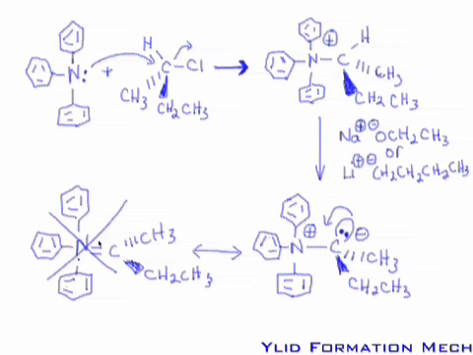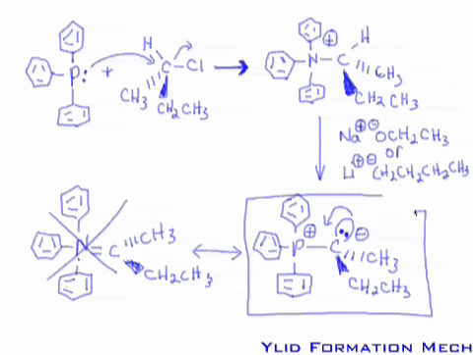Nitrogen is in the 2nd period, and there is no such thing as 2d orbitals into which you can dump electrons. So this is why we use triphenylphosphine and why we prepare phosphonium ylid. Now, phosphonium ylid is simply the reagent. This molecule with phosphorus right here is our key reagent.